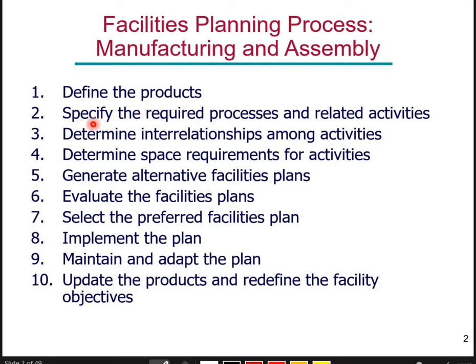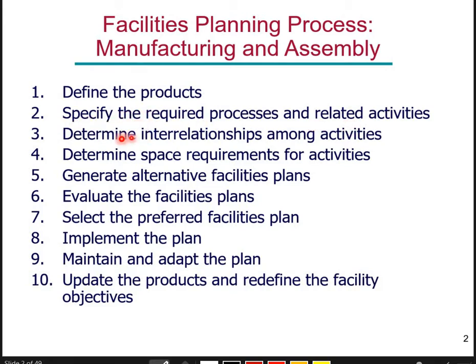Then, in order to produce these products, what type of processes and what activities do we need to accomplish? For example, what kind of manufacturing facilities or assembly operations we will perform, and who will perform these, and what kind of, for example, material handling activities do we need to do. So we need to specify all of these.